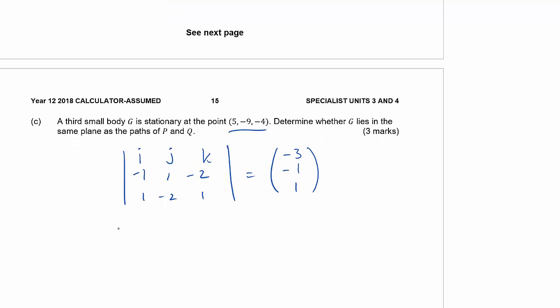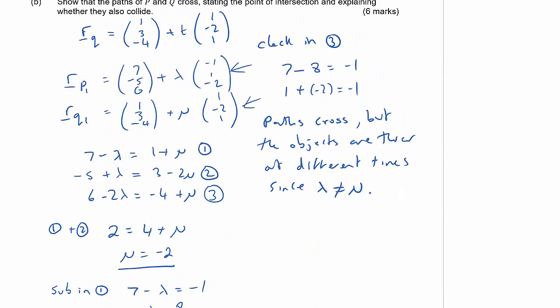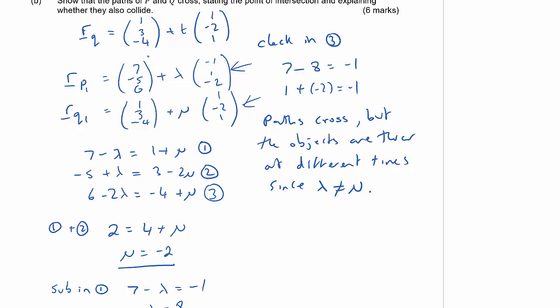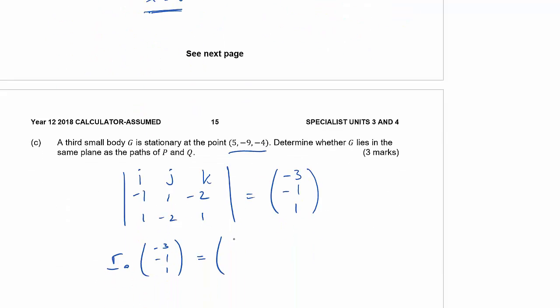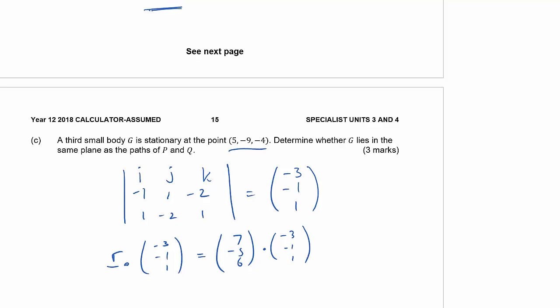Now, r dot -3, -1, 1 would be equal to, well, let's just take one of these points. So we know that this point here is on the path of P. So 7, -5, 6 dot -3, -1, 1.